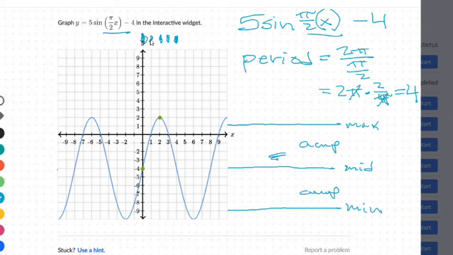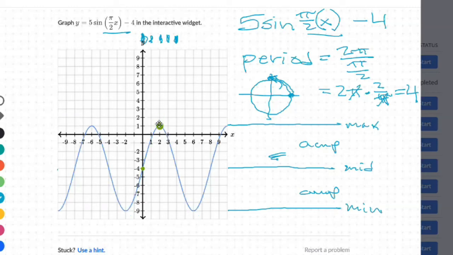And if you're going around the unit circle, after 1 quadrant, sine goes from 0 up to 1, its highest point. So then go to the max, but that happens after the first quadrant.